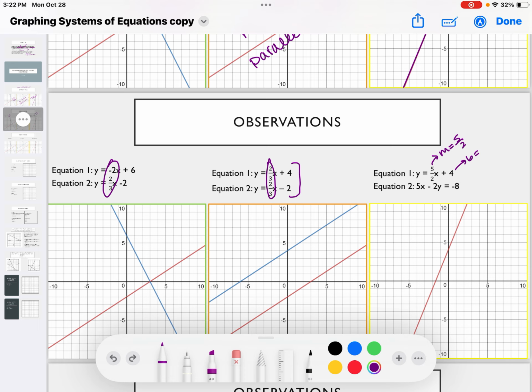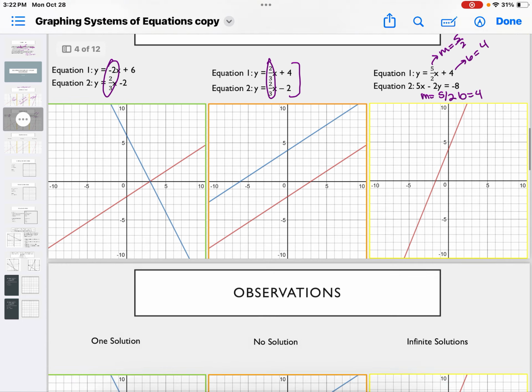I was looking at the wrong number. And on this bottom one right here, because I know my little fast trick, the slope is 5/2, and the y-intercept is 4. So it's the same exact equation, right, in different formats. That's why it's the same line. The wonderful thing about if I said this too fast is you can rewind it and replay it. Okay, so please make sure we are utilizing that resource.